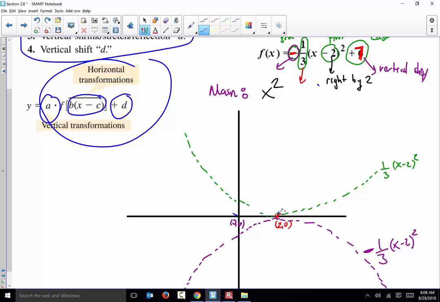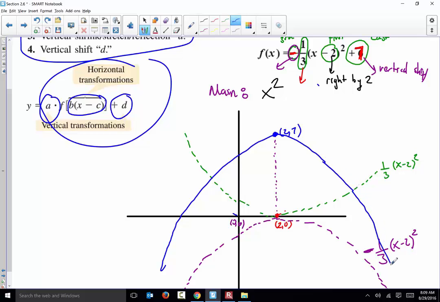This 2, 0 is gonna go up 7 units and make 2, 7. Okay, and this is our final graph. Any questions?